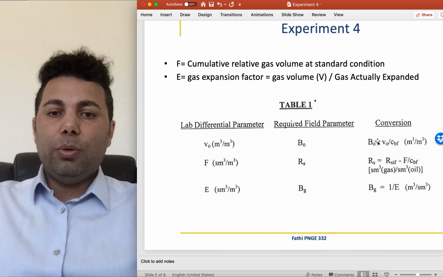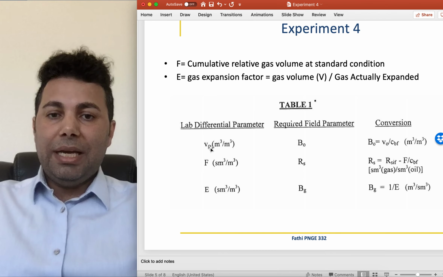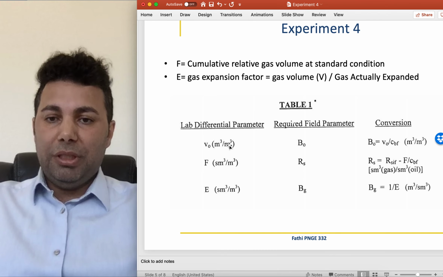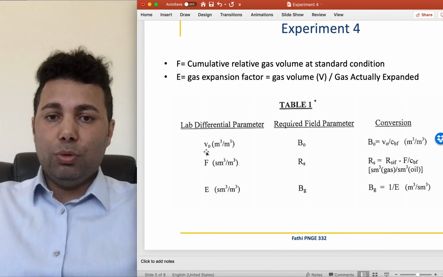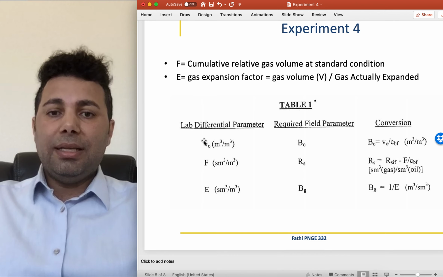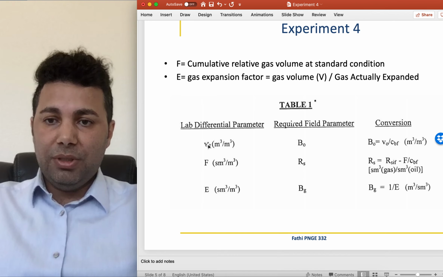So here, the oil formation volume factor Bo is defined as small vo, which, if you look at it, is a meter cube over meter cube, or centimeter cube over centimeter cube. That's a normalized volume of oil, which is coming from your flash vaporization test.